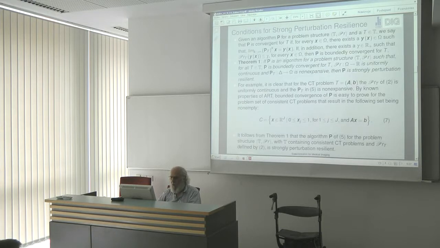Now, this is a rather abstract definition, but it so happens that there is a mathematical theorem which guarantees strong perturbation resilience based on much simpler classical mathematical concepts. And here's the theorem.